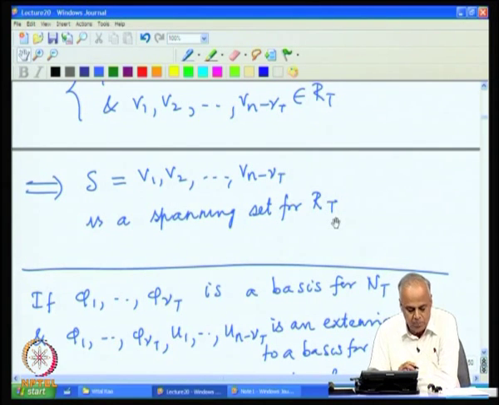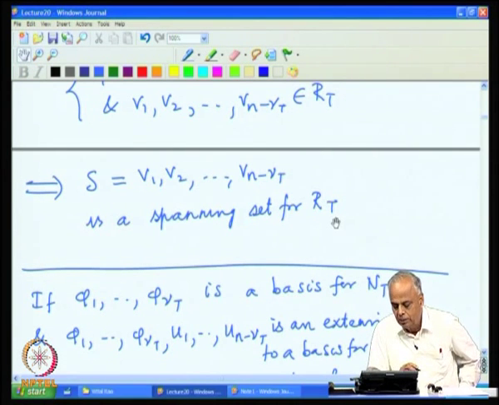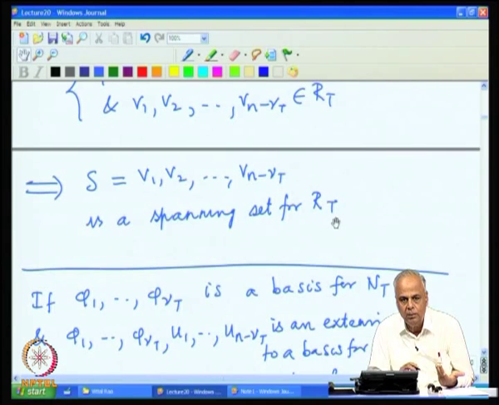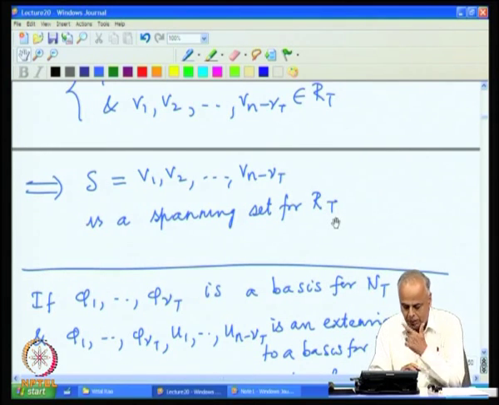Now, once we have a spanning set, we wonder whether this is going to be a basis. When will it be a basis? A spanning set will be a basis if it is also linearly independent, because a linearly independent spanning set is called a basis.